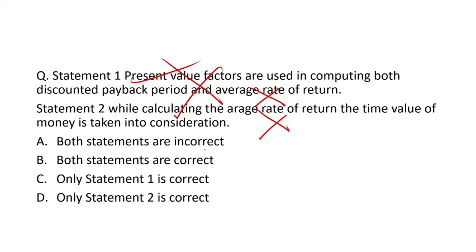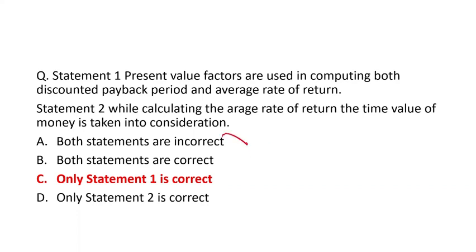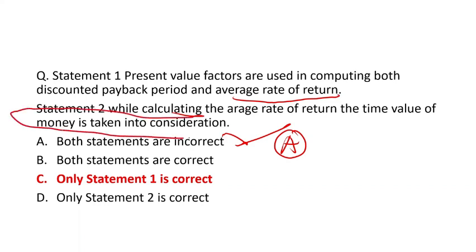That's why the statement is incorrect. The right answer for this question is option A. Both statements are totally incorrect, because of the present value factor and the time value of money in the case of average rate of return.